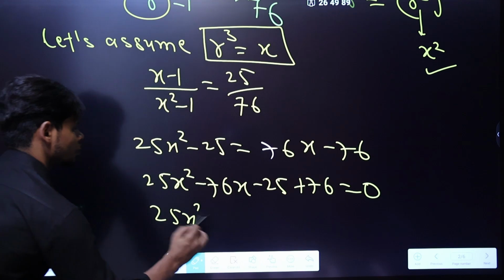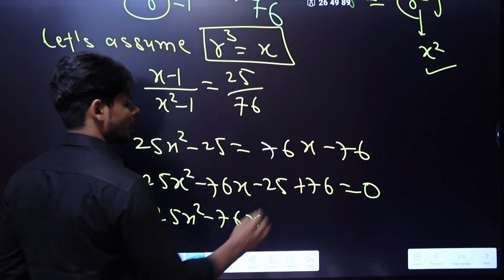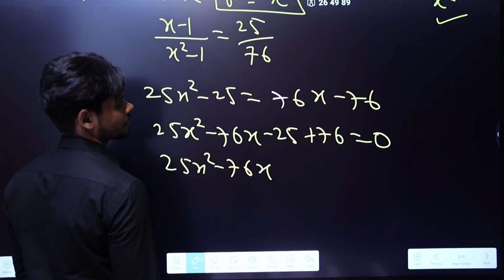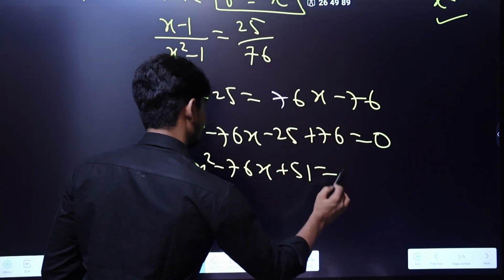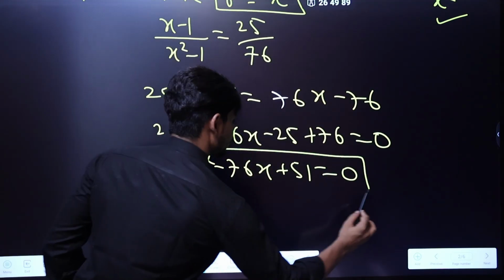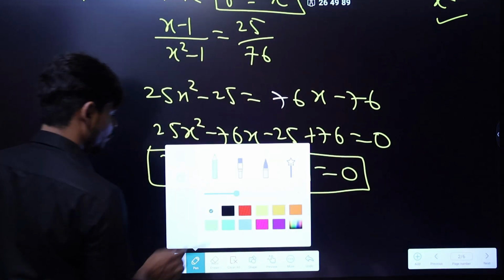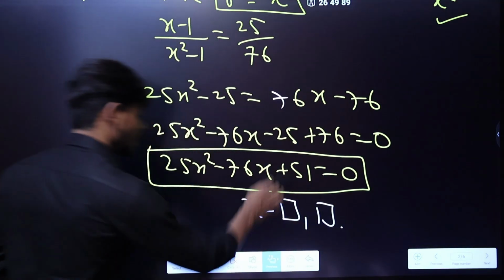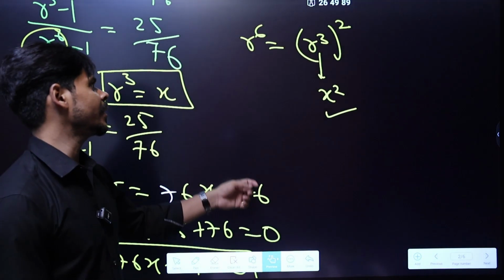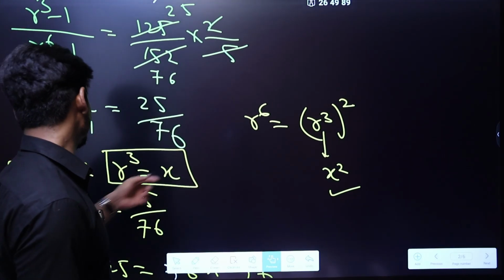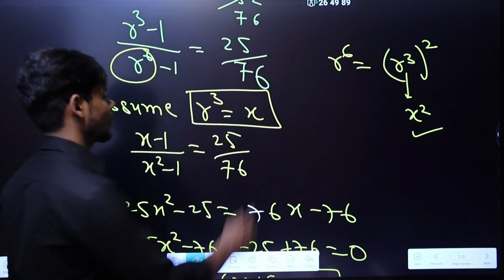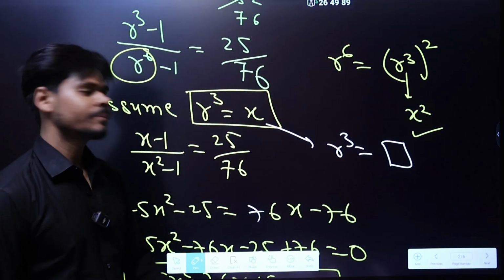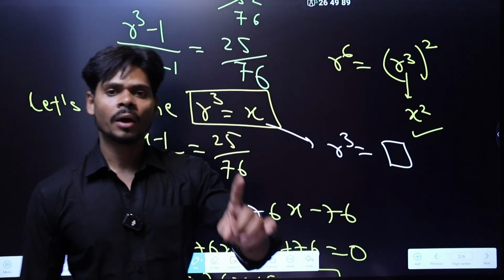So 25x square minus 76x, and here if I add, what will I get? 51. Yes, plus 51, equal to 0. Now from here we can easily get the values of x. You will get two values of x. Then, because we had assumed R raised to power 3 as x, I will substitute x over here, and from here I will find the value of R.